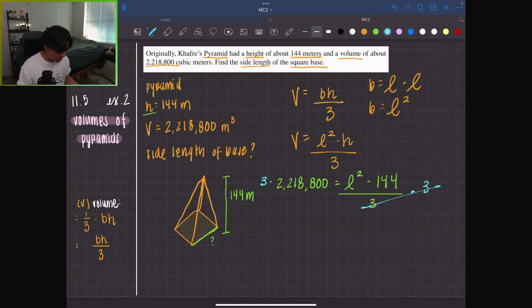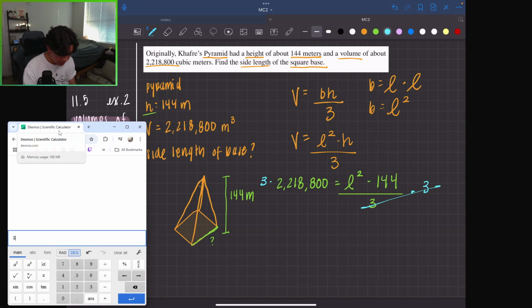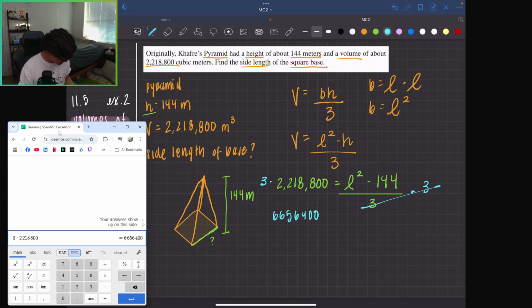So we're left with 3 times 2,218,800. We have 6,656,400 equals the length squared times 144.